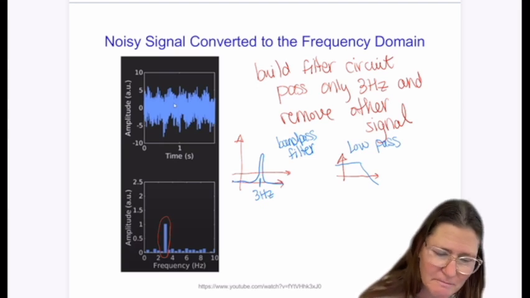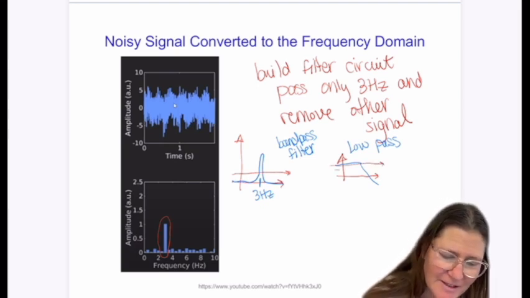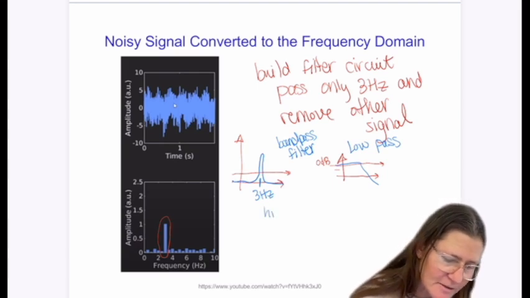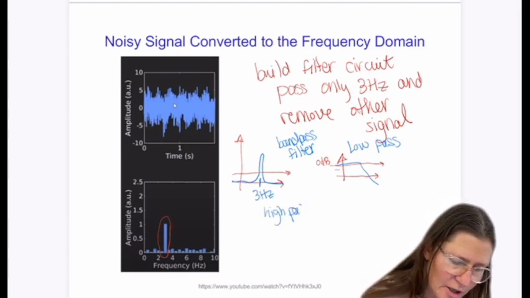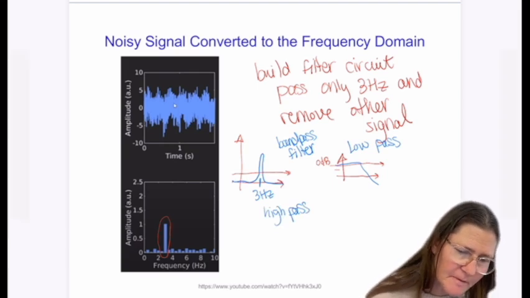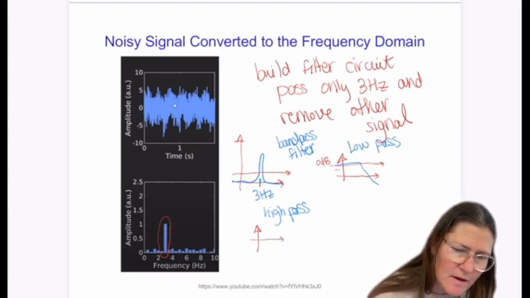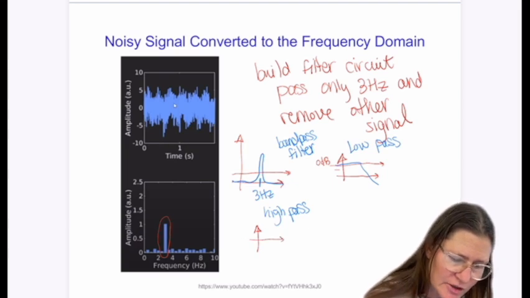Sorry, the axis is there; this is actually 0 dB. And then a high pass does the opposite, where it will pass everything after it reaches a certain frequency.